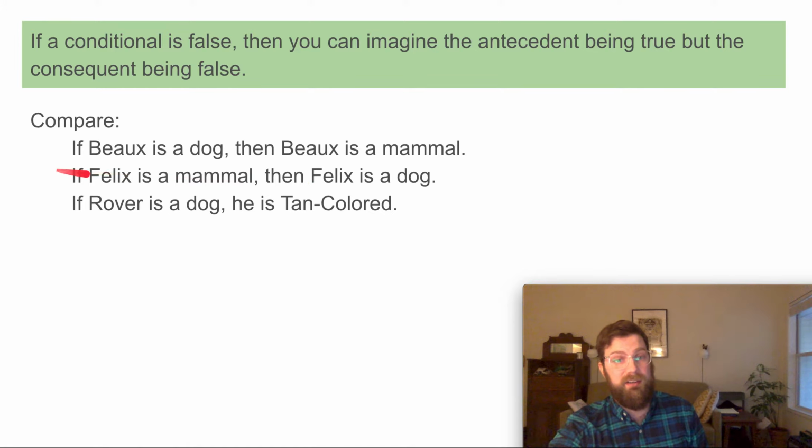So that's a false conditional, right? If Rover is a dog, he is tan-colored. Well, again, we can imagine a dog named Rover who is black or white or blonde rather than tan-colored, right? So we're imagining the antecedent true, but the consequent false. So that is a false conditional.